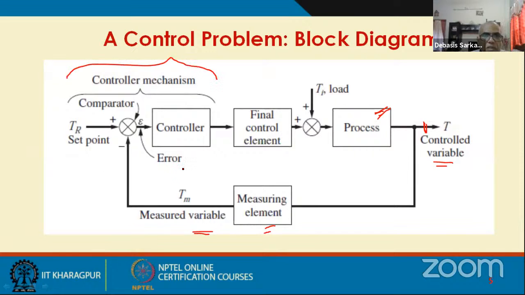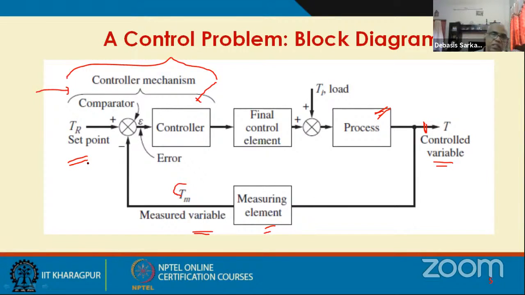The controller mechanism may consist of a comparator as well as a controller. So the comparator is the part which will compare this measured temperature with the set temperature. And their difference will be considered an error signal.